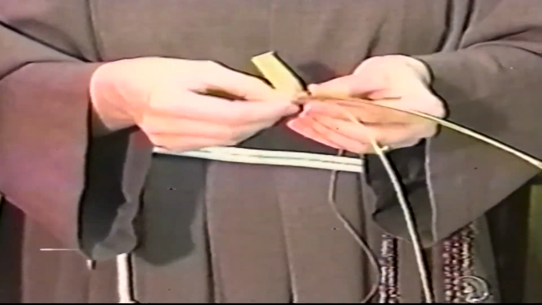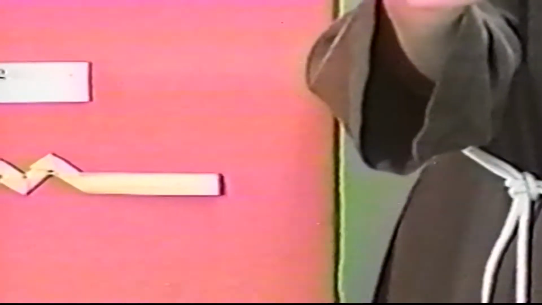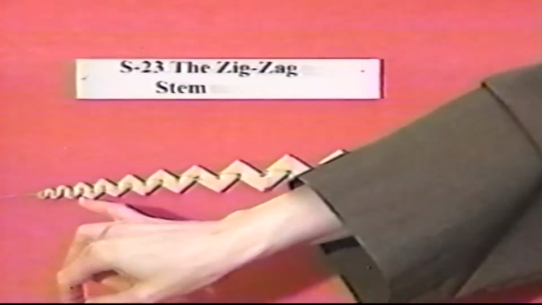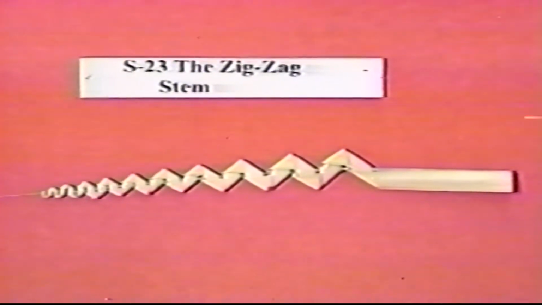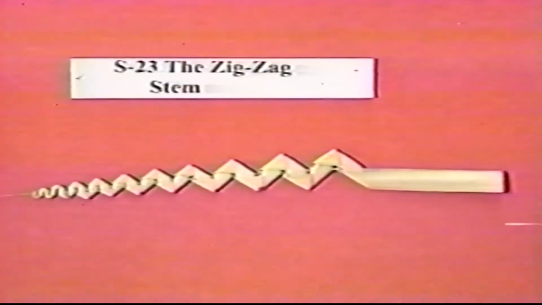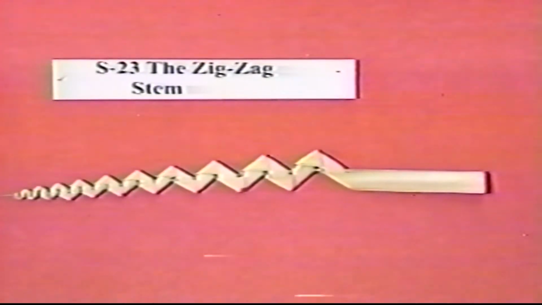And you just continue like this until you get to the top of the pieces of palm, and you'll have the rib suspended out the end as it is here, and the palm will be springy, so that when you have a fish or a bird suspended from the end of the rib, it can bounce.